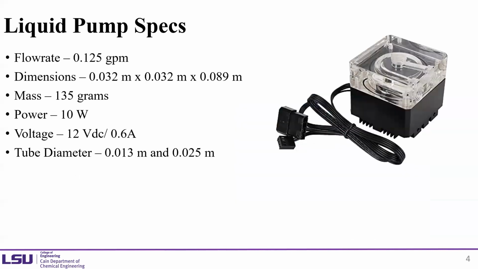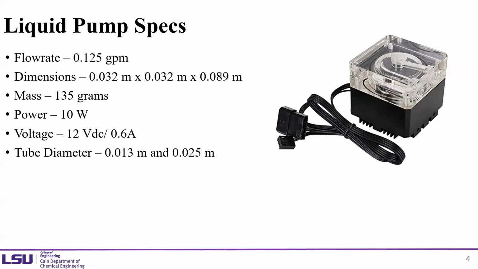So as you can see here, this is an example of a pump that I have in my personal computer. It's a pretty small pump, but its flow rate ends up being 0.125 GPM. Its dimensions, as you can see, are smaller than you would normally think a pump would be in a computer. Its mass is 135 grams.